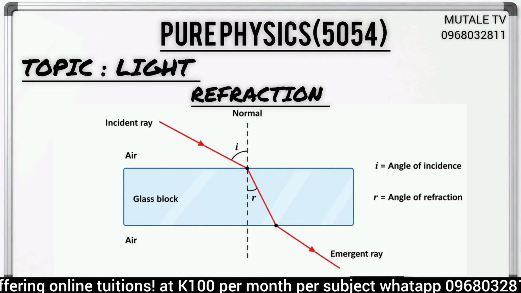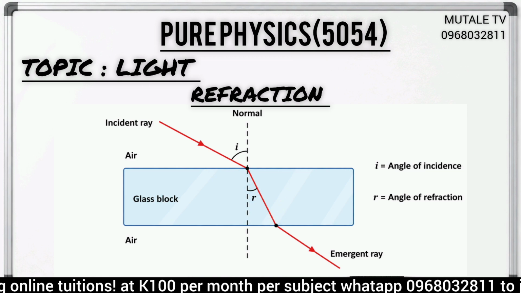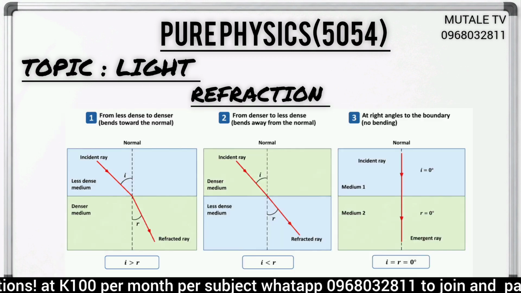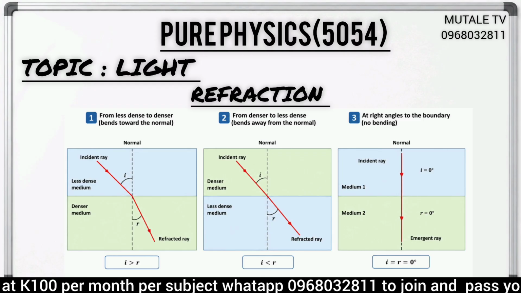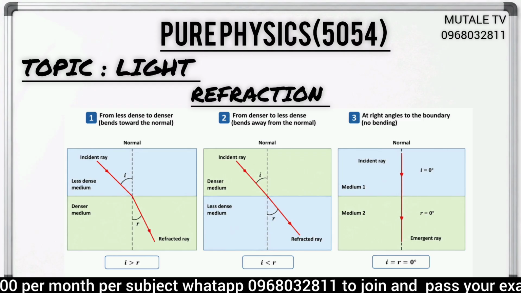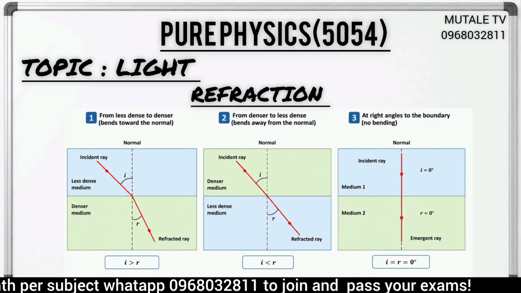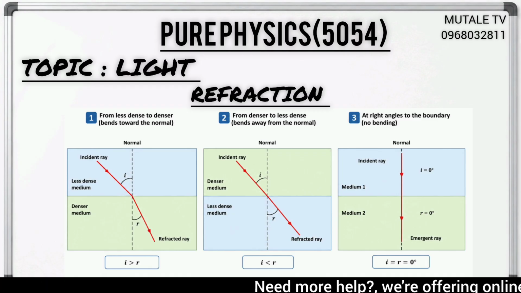Alright, so there are three important patterns that describe how light behaves as it moves between media of different density. When light travels from a less dense medium into a denser one, it is refracted towards the normal, and its speed in the denser medium becomes slower than its speed in the less dense medium.